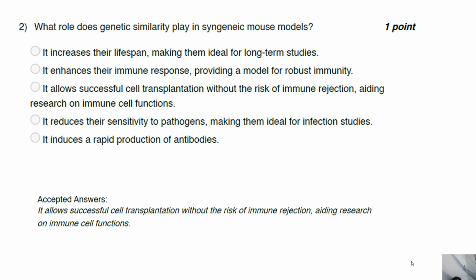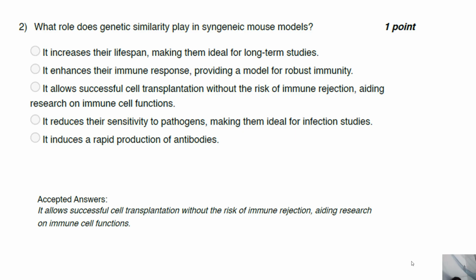The first option, it increases the lifespan, is not true. Genetic similarity does not inherently extend lifespan. In fact, inbred strains can sometimes have reduced genetic diversity and health issues. Option B, enhances immune response, is again not true because these models don't have a stronger immune system. They have a controlled, consistent one, which is different.